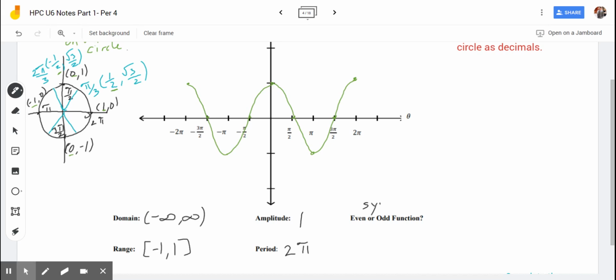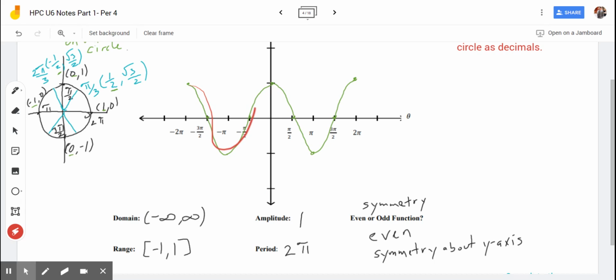The symmetry, whether it's even or odd, hopefully you said that it was even, because there is symmetry about the y-axis, and you can see that pretty clearly here. We really have the y-axis to act as our line of symmetry.